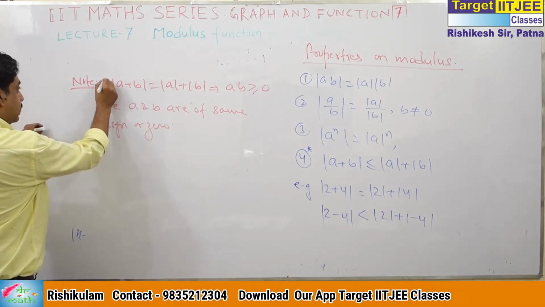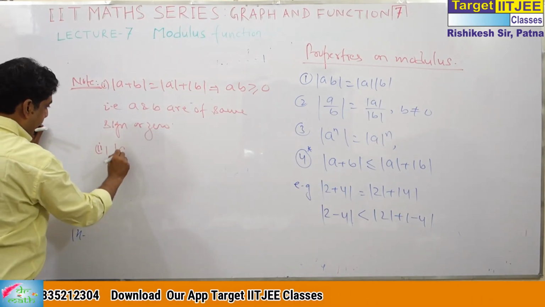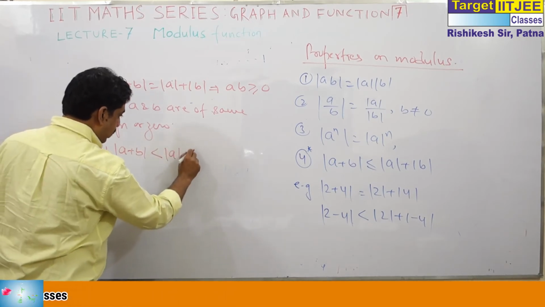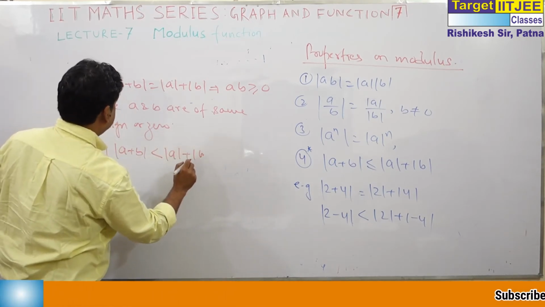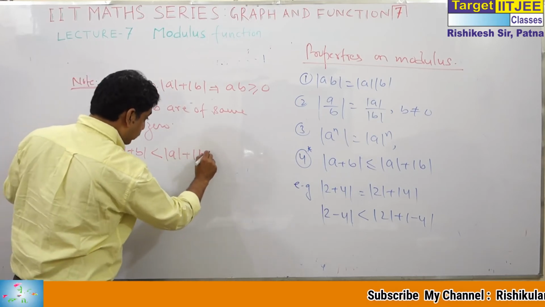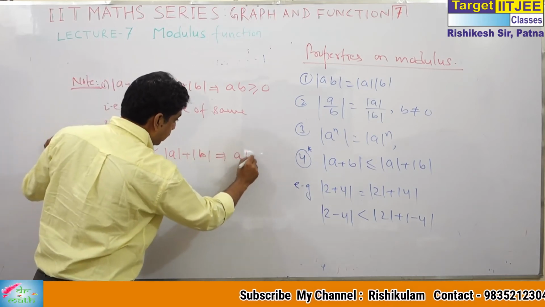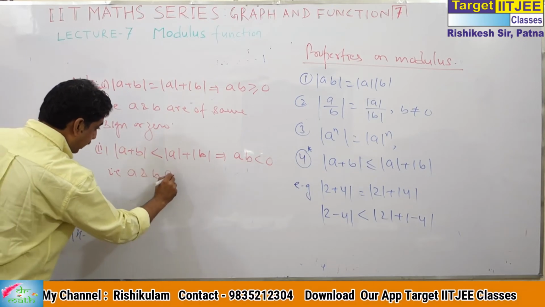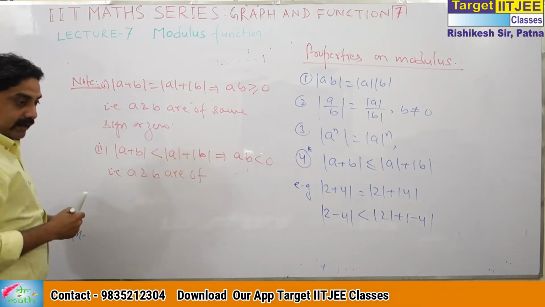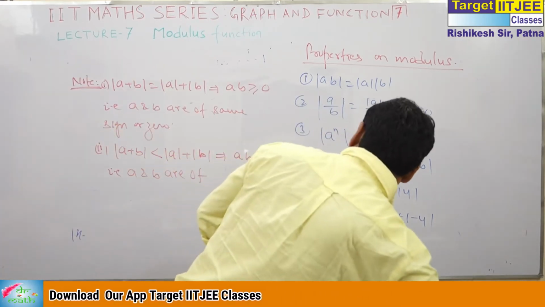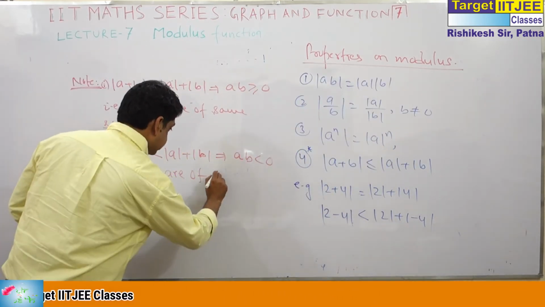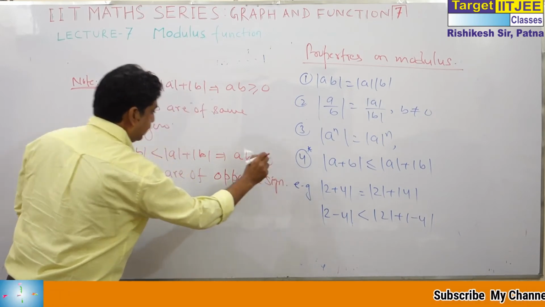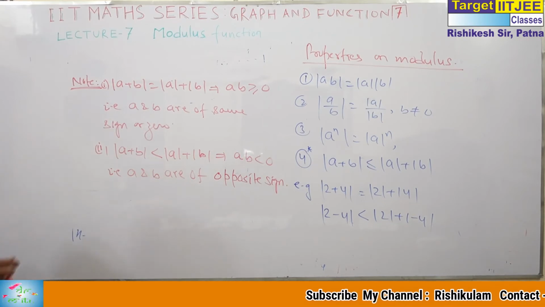And second one, mod A plus B less than mod A plus mod B implies AB less than 0. That is, A and B are of opposite sign. This is important. I will do a question on this.